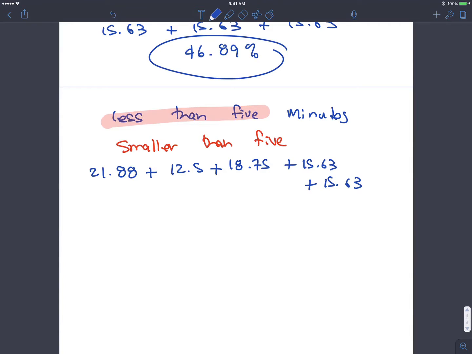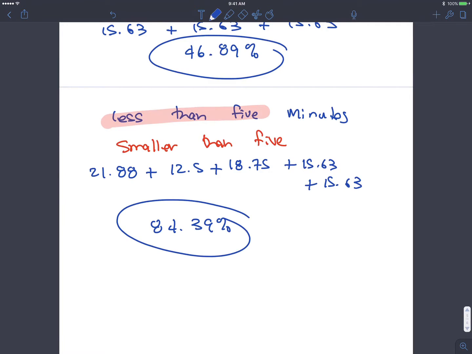Let's see what we end up with. We get 84.39%. So 84.39% of the sample waited for less than 5 minutes.